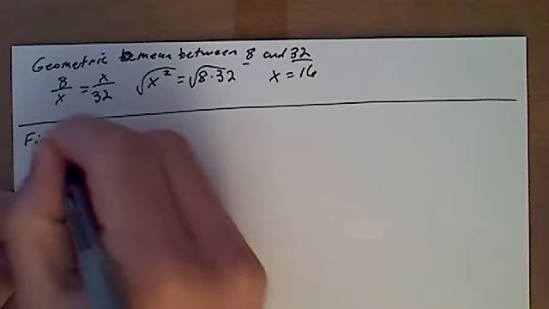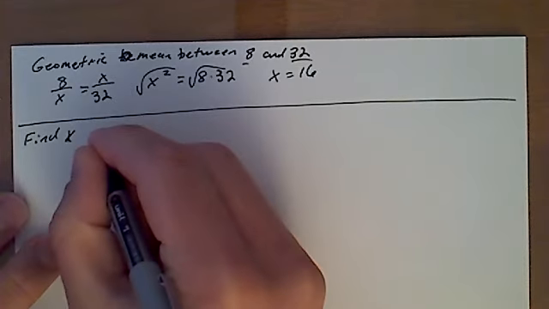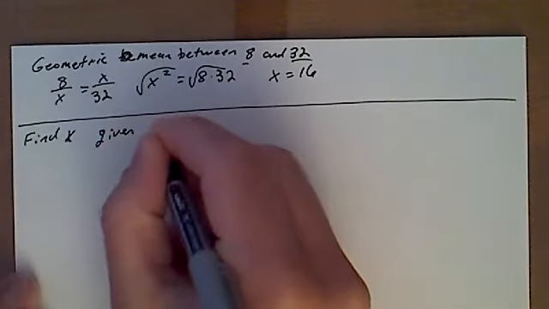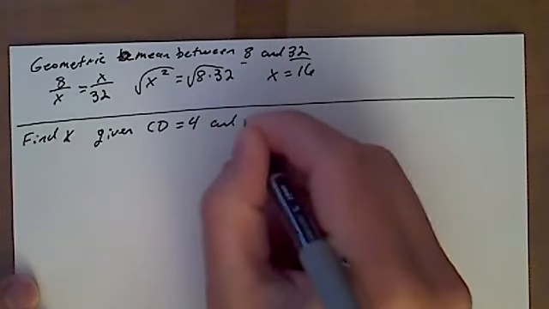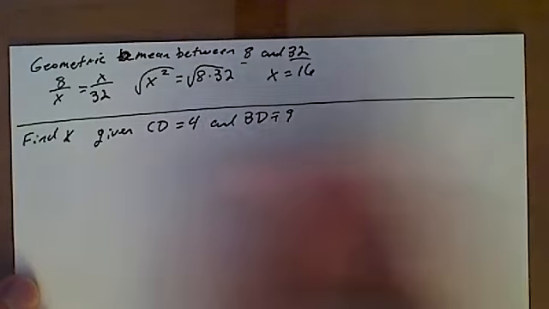Next questions will be something like: find x given CD is 4 and BD is 9.